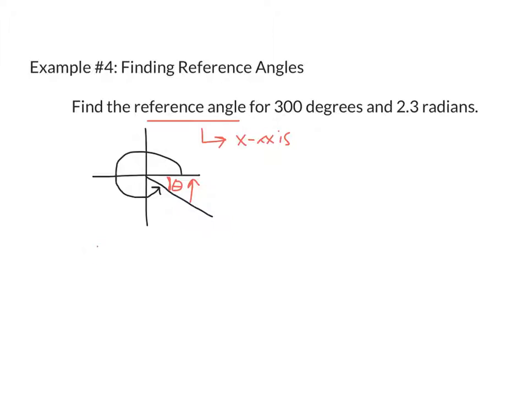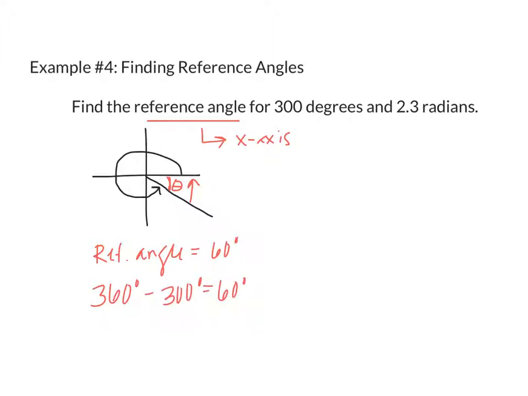So the reference angle then would be 60 degrees, right? Because the entire unit circle has 360 degrees. If I've gone 300, I need another 60 more to get back to 360. Mathematically, we would say 360 degrees minus 300 equals 60 degrees.